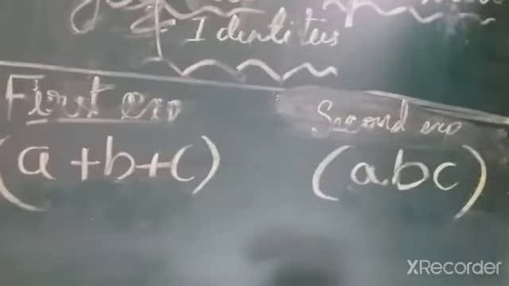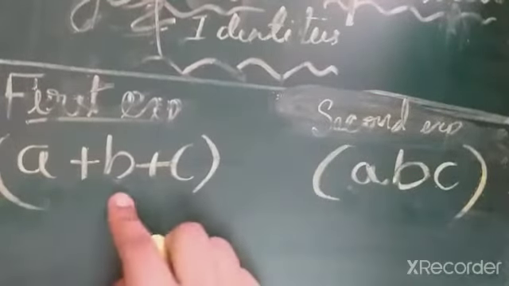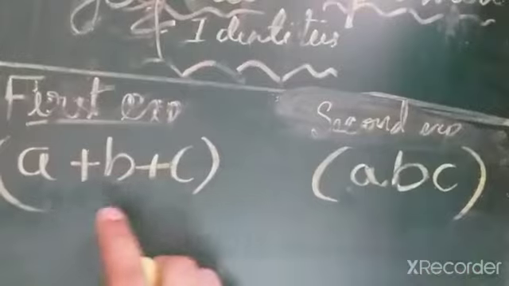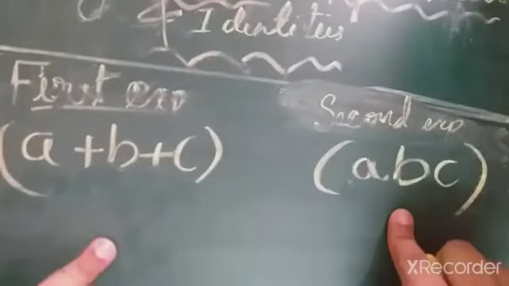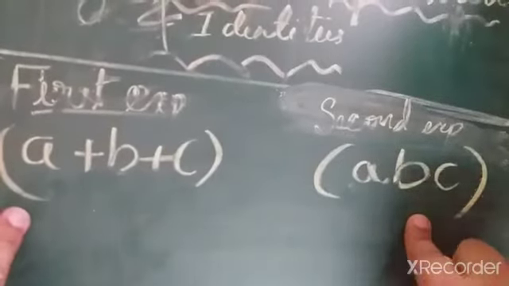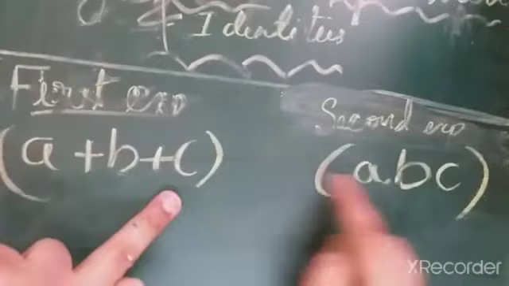Now this is the last question, the fifth question in the table: a plus b plus c and abc. So multiplication of trinomial into monomial, the rule is the same thing: a monomial into each term, you have to multiply the monomial into each term. So a into abc plus b into abc plus c into abc.